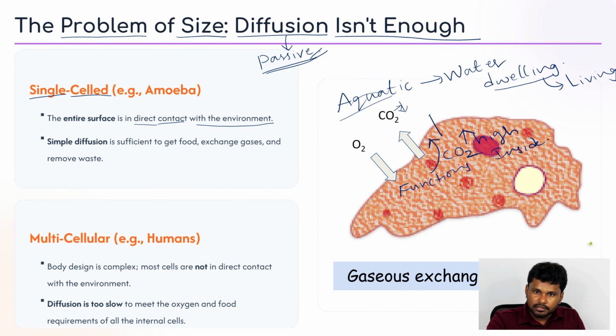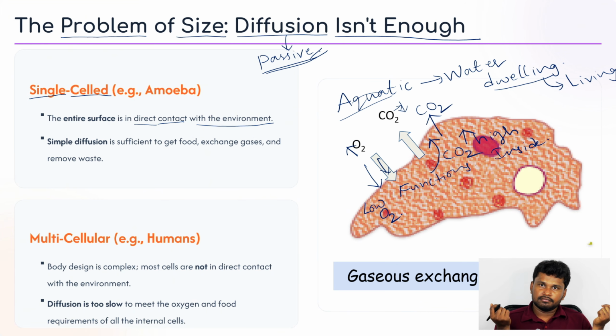That process is simple diffusion. CO2 will go out. Clear? And the oxygen is very high outside and very low inside. Low O2 inside. So what happens? Simply the oxygen will come inside. This is how, without any energy need, the simple gaseous exchange will take place in single celled organisms.